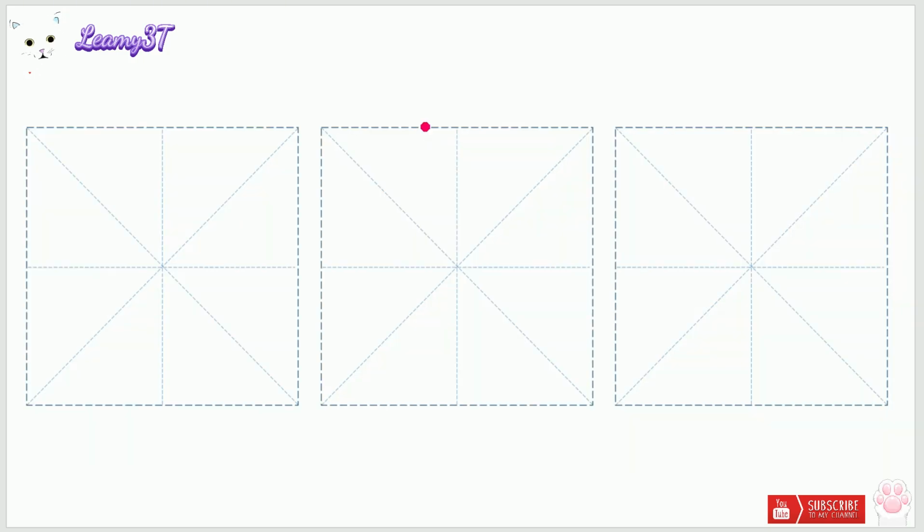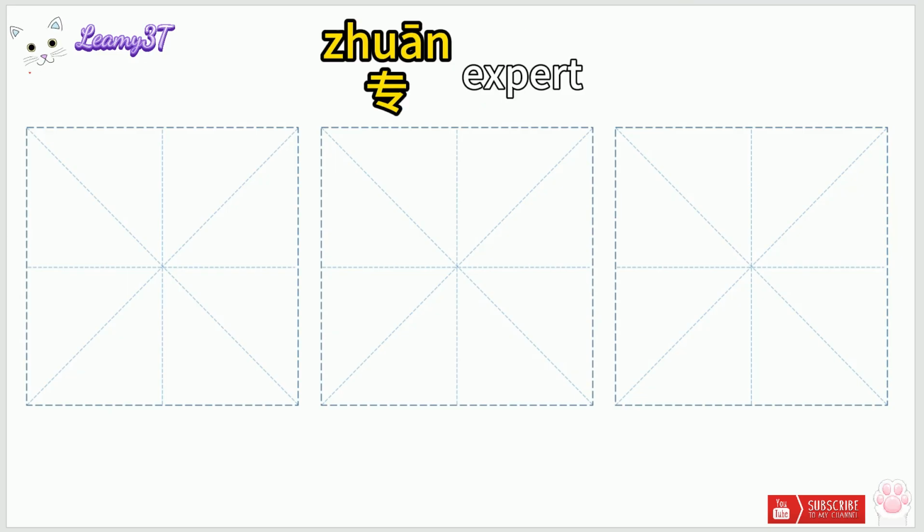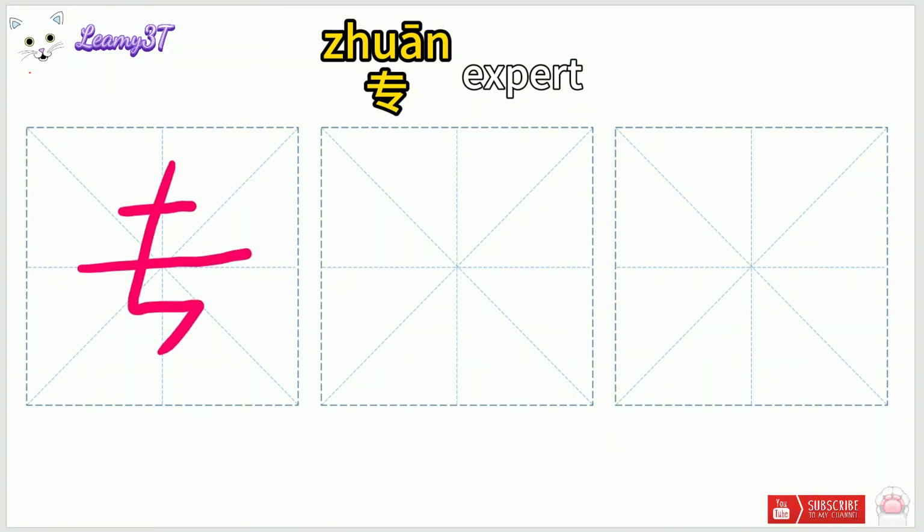First, we'll write the word 专. This word has many meanings. It can mean expert. This character can be divided into 4 parts from top to bottom. 1, 2, 3, 4.